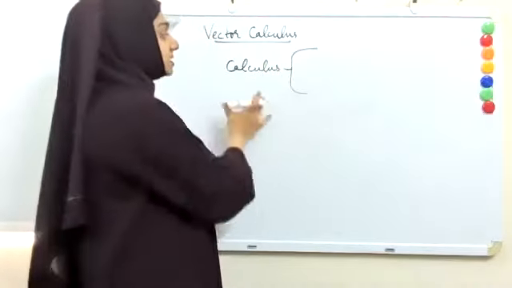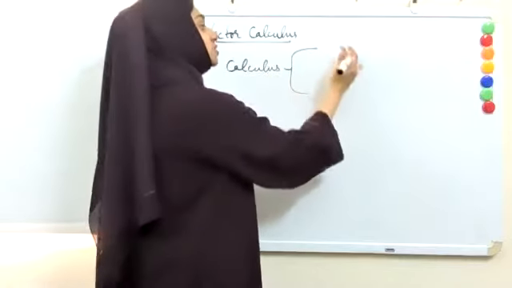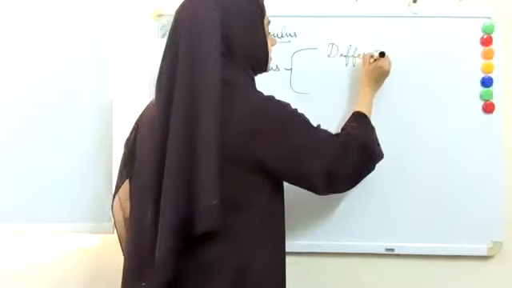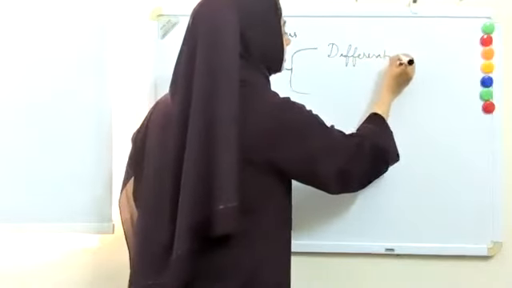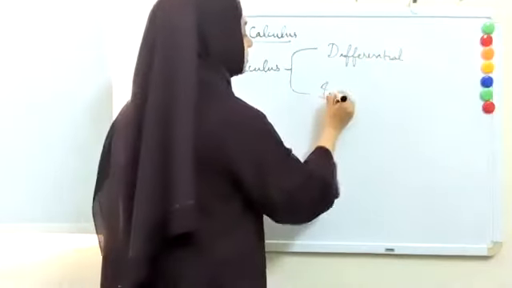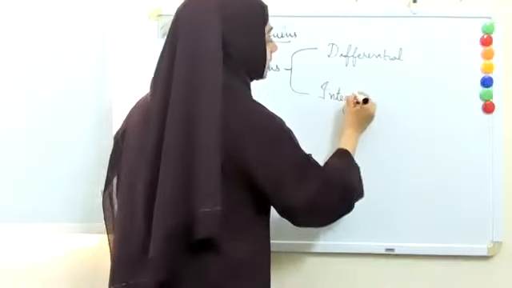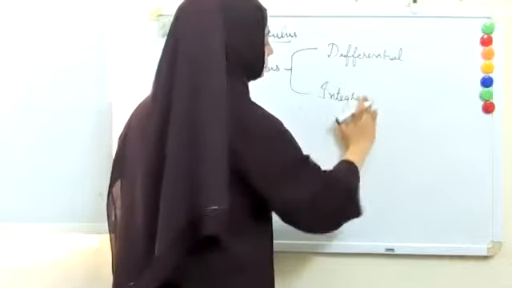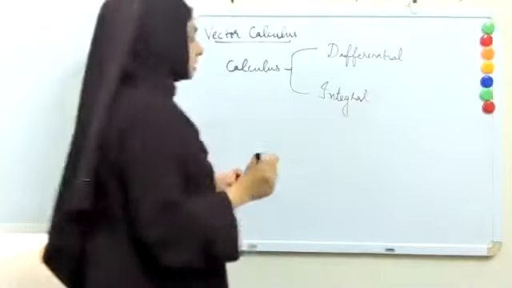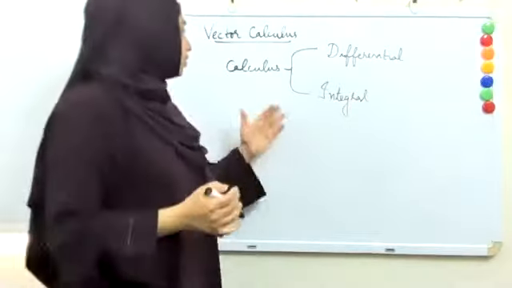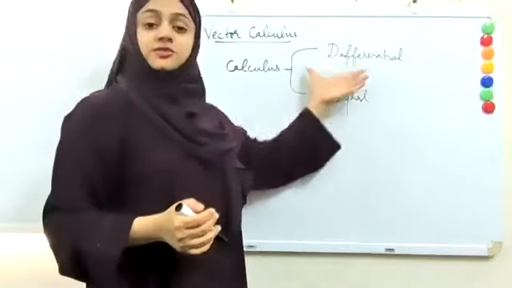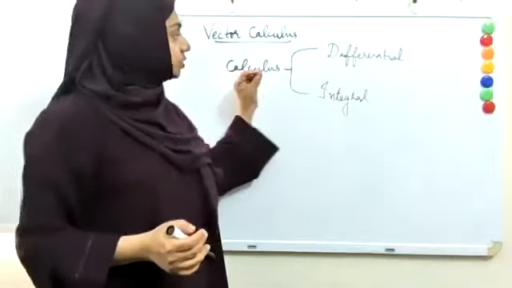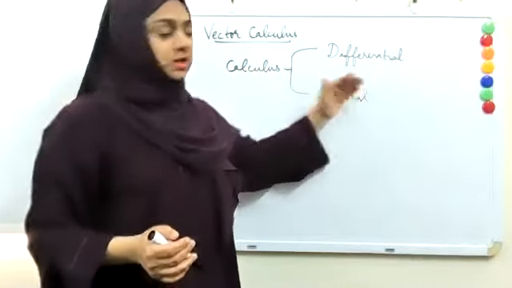So calculus itself can be divided into two branches, that is differential calculus and integral calculus. So you already know what is calculus, what is differentiation and what is integration. We will just go through that very fast.